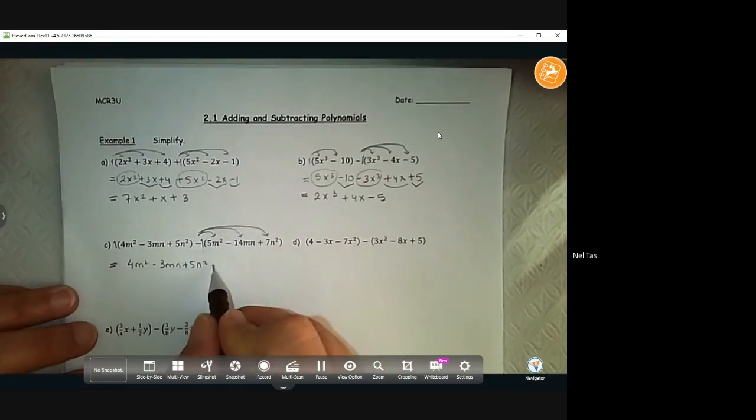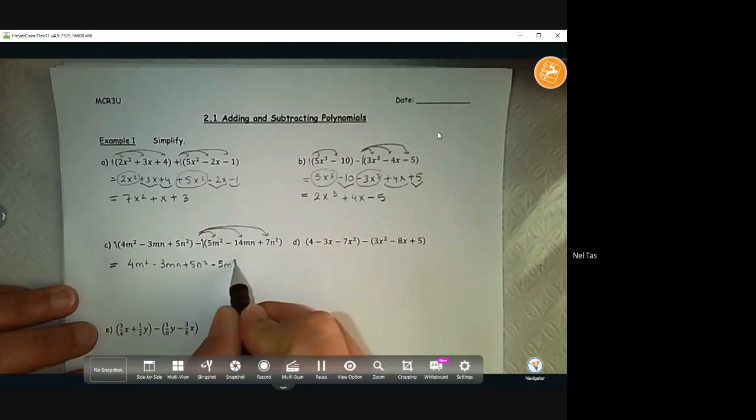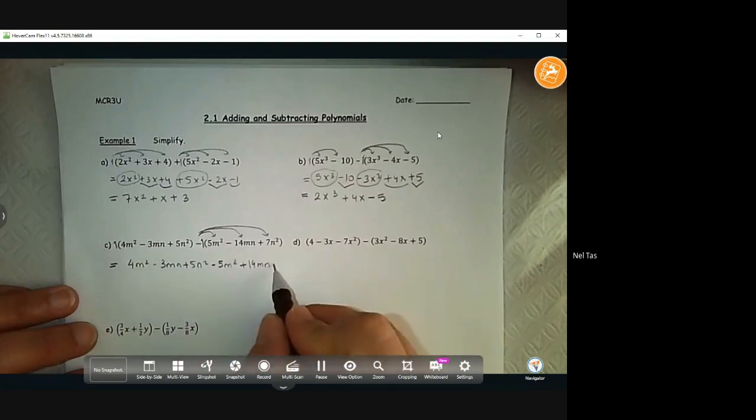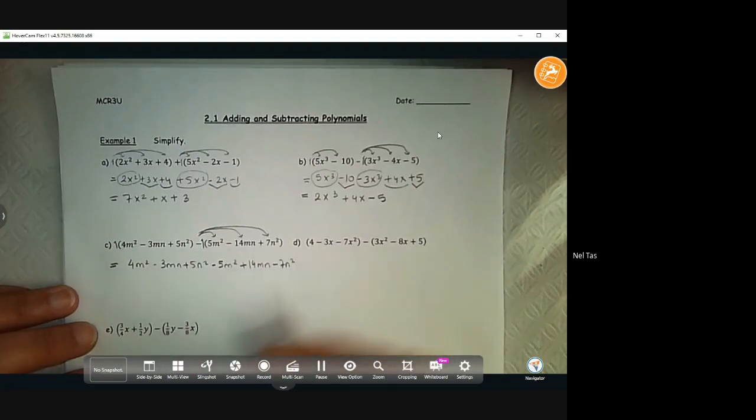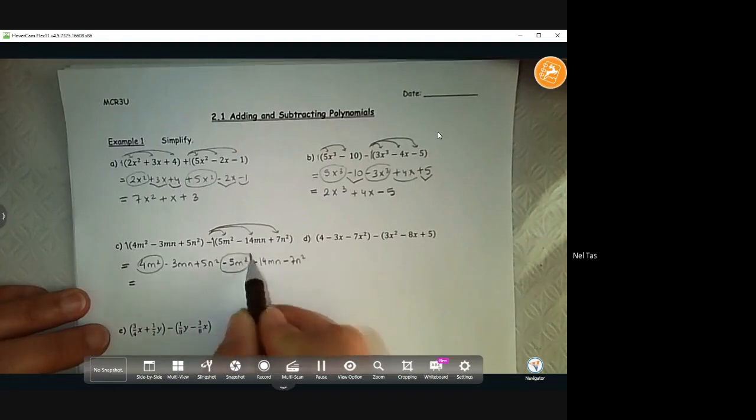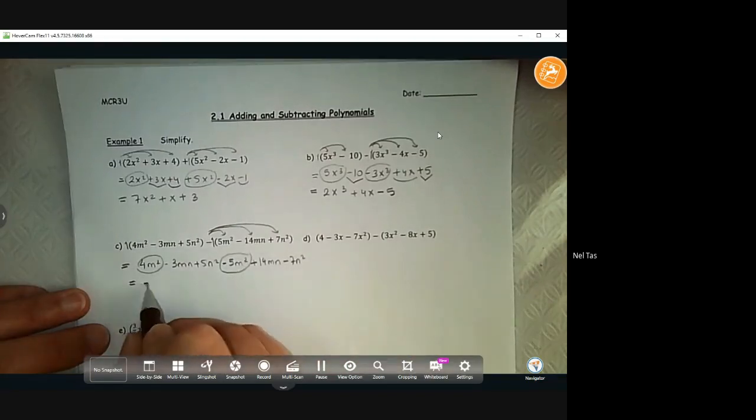Negative 1 times 5m squared, negative 5m squared. Negative 1 times negative 14mn, plus 14mn. Negative 1 times 7n squared, negative 7n squared. Now collect like terms. So 4m squared minus 5m squared gives you negative m squared.